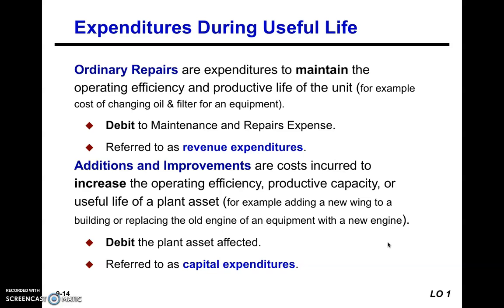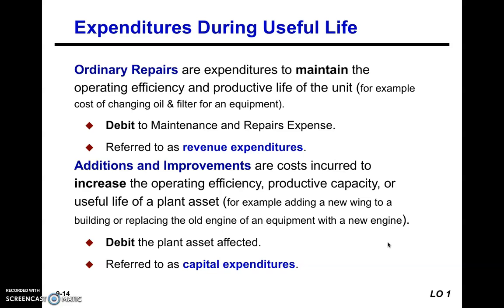So therefore, we're going to debit an expense called maintenance and repairs and credit cash or accounts payable depending on the situation. These types of expenses are called revenue expenditures. Why? Because they go against revenue as expenses.